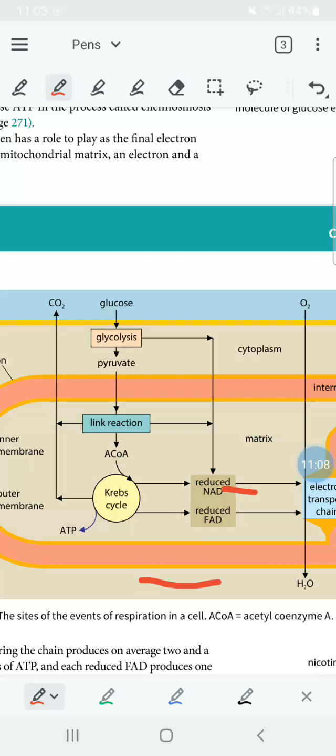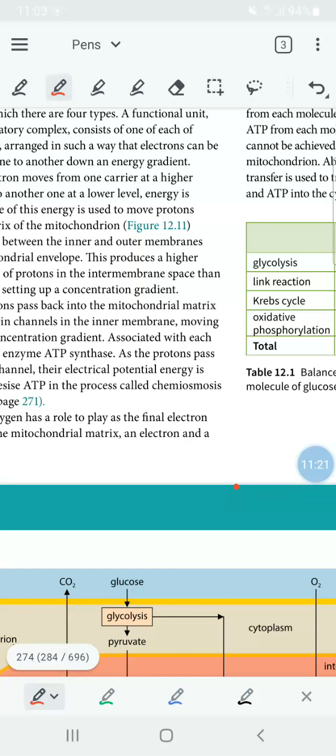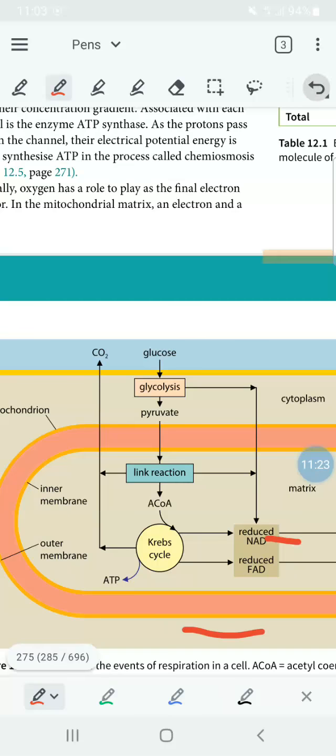So as you can see, the glucose and glycolysis process takes place outside of the mitochondrion, in the cytoplasm.